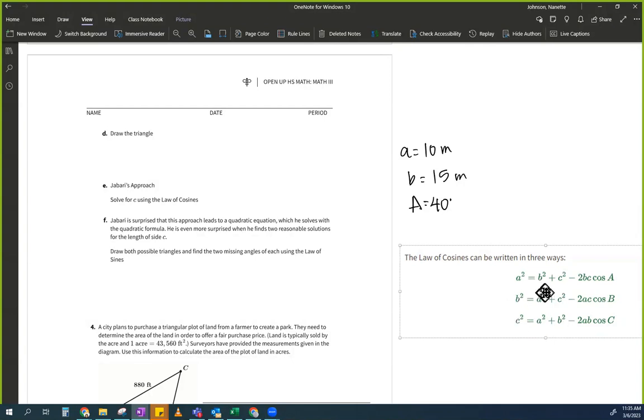It's the same kind of thing we just did with the area formula, except one uses cosine A, cosine B versus cosine C. Which of these do you think I'm going to use with this information? Yeah, I'm going to use this one. Why would I use the first one? Very good. Yes. Why would I use the first one? That's right.